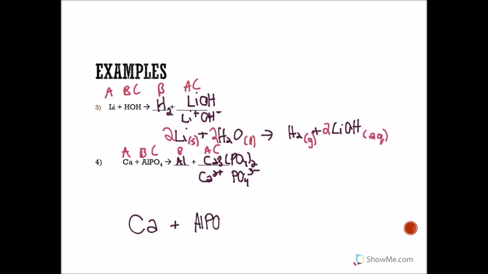Calcium plus aluminum phosphate yields aluminum plus calcium phosphate. Better looking. Well, you can understand it. We write our states out. Calcium is a solid, it's by itself. Aluminum is a solid by itself. Again, this is the one always people forget.